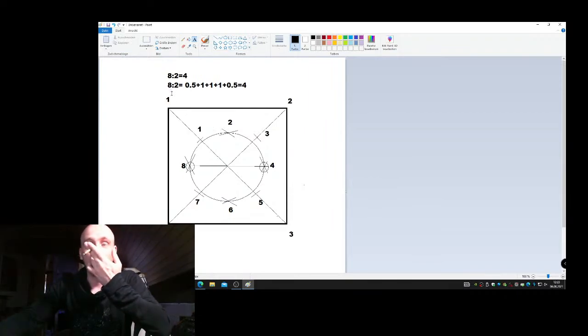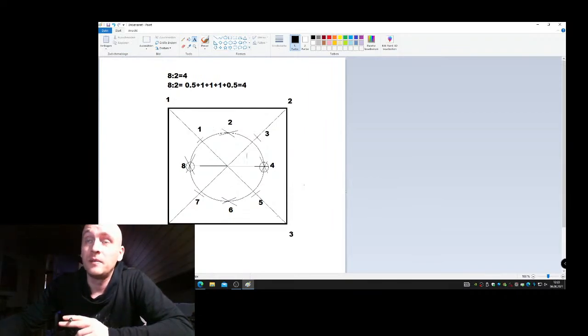So where was I? So 8 divided by 2. Take here a little bit other, make it with blue.